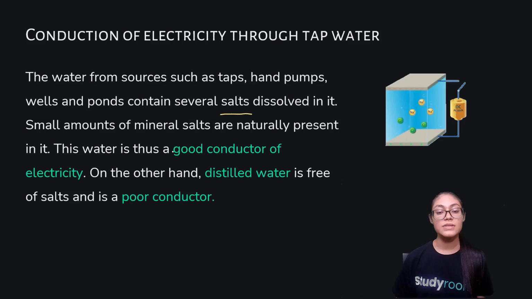The water is thus a good conductor of electricity. As we saw in the activity earlier, when salt is added to distilled water, it becomes a good conductor of electricity. Similarly, the case is here. On the other hand, distilled water is free of salts and therefore a poor conductor. Correct?